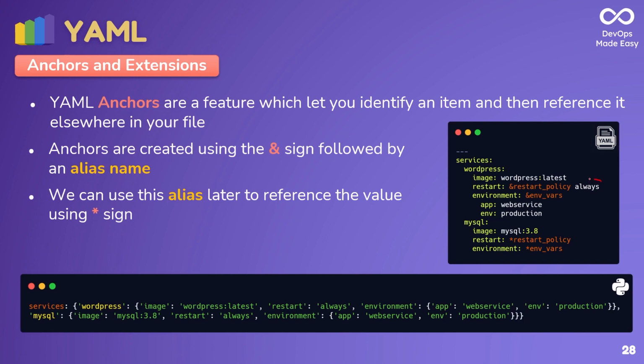Anchors are always for the values, guys. This always value, I wanted to refer to in many places, that's why I'm giving it an alias name called restart policy and creating an anchor using ampersand. Then I'll use this always value at this position by referring to the alias name using star.